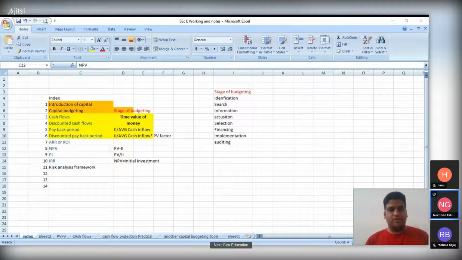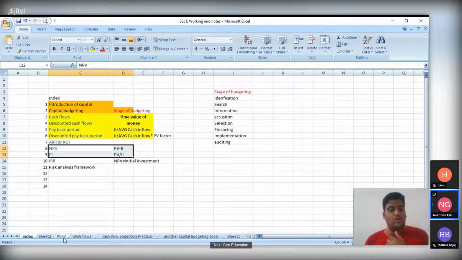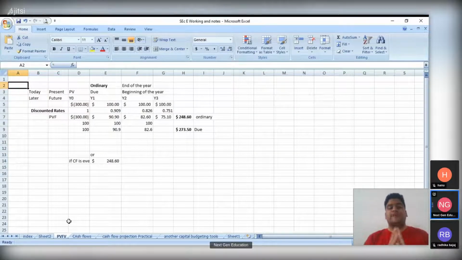You are going to start with all those things. Okay. So net present value is our working area where you have to work. But what is the present value? We already cleared the effect of time value of money. We will discuss the future and the present. Whatever money you will receive in the future, what is the calculation at the point of today's scenario?